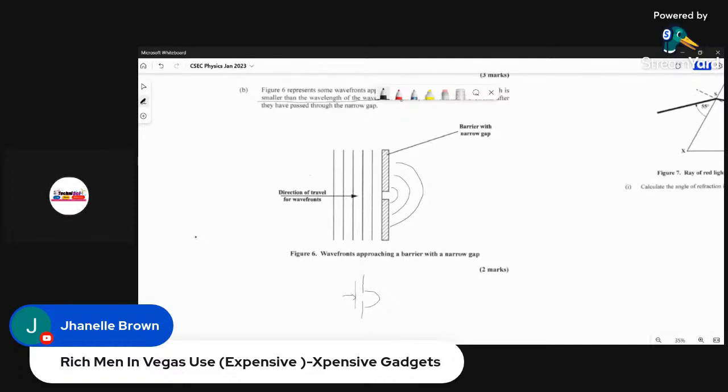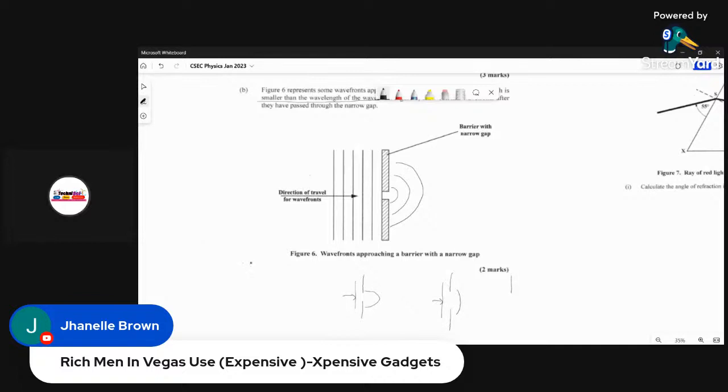True? Now, if the opening gets a little wider and you're trying to push this thing through it, it's going to be less curved.